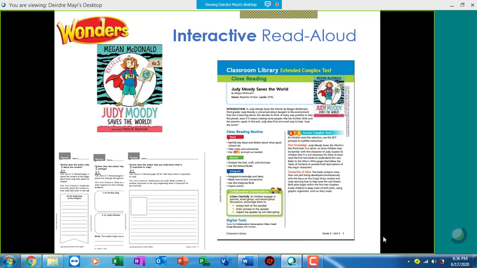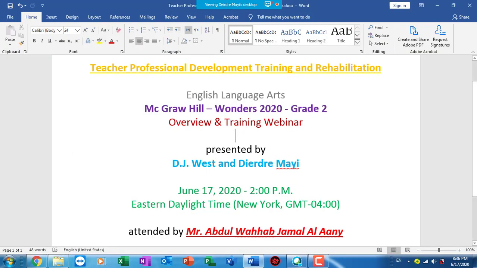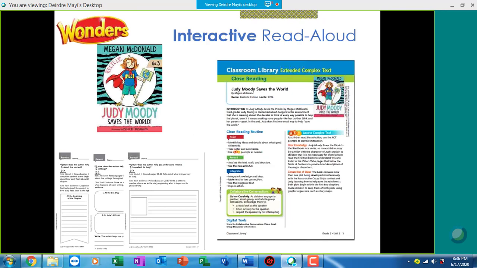So know that you are well supported. Some of these interactive read alouds will also have a trailer-like video that you can share with the students before you begin reading the text. Not all of them have this feature, but a good many of them do.